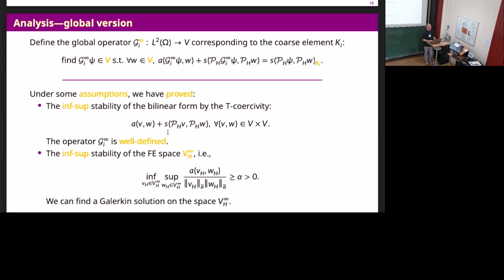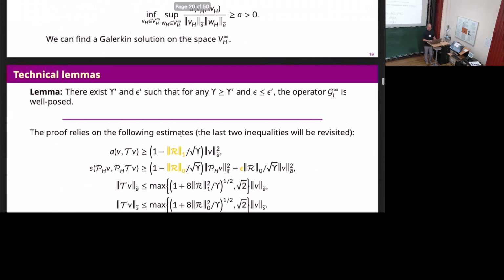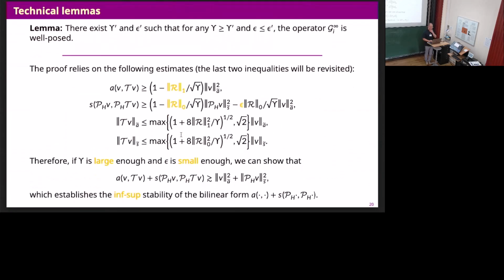Okay, this A plus S is well posed, and so the idea is that here we basically apply the T-coercivity theory in some suitable way. Okay, and then we show that this bilinear form A and also this bilinear form S satisfy these inequalities.